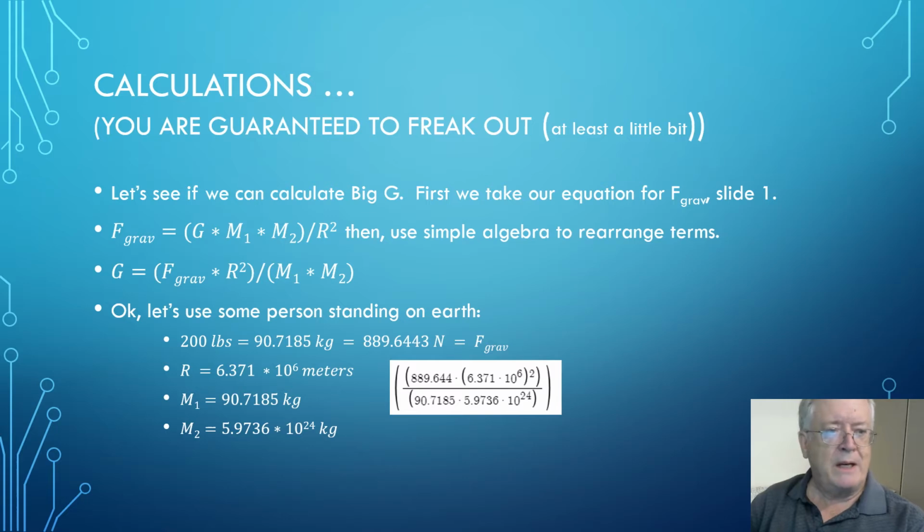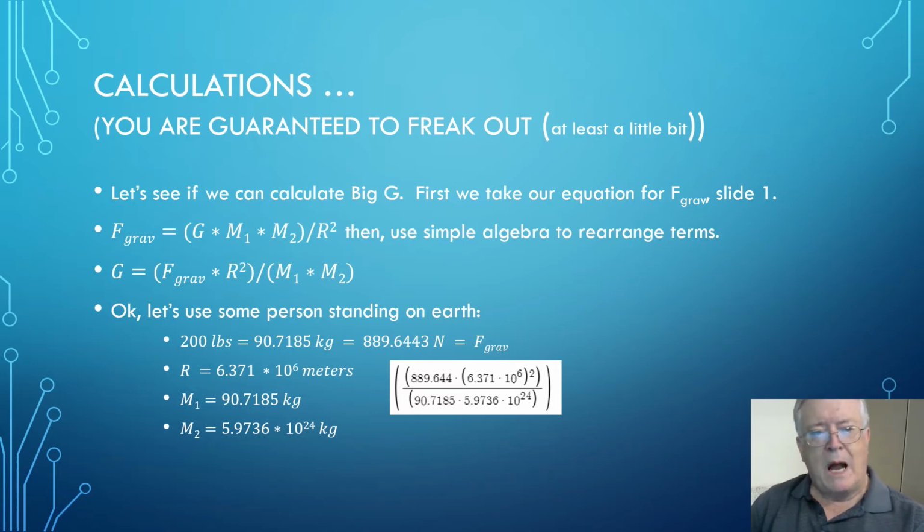Here it is right here. Big G times M1 times M2 divided by R squared. Then we use simple algebra to rearrange these terms so that we can solve for Big G, knowing the force of gravity times R squared divided by the mass of the first times the mass of the second.